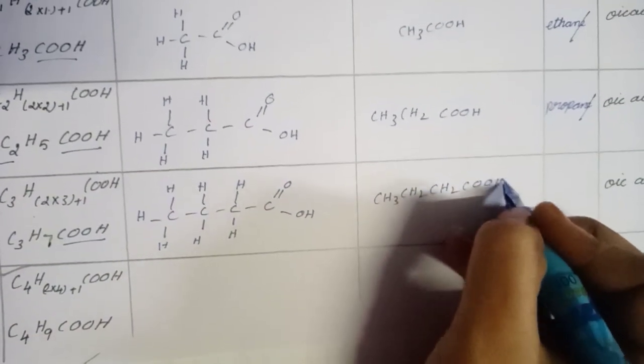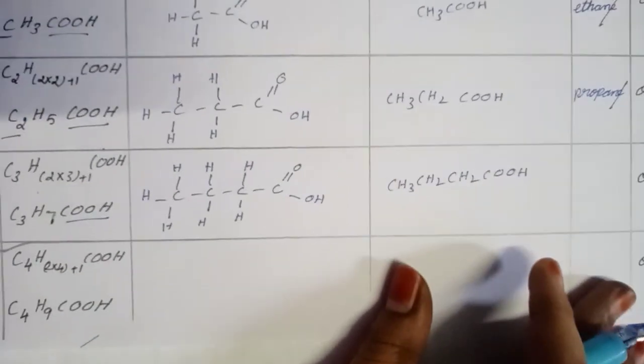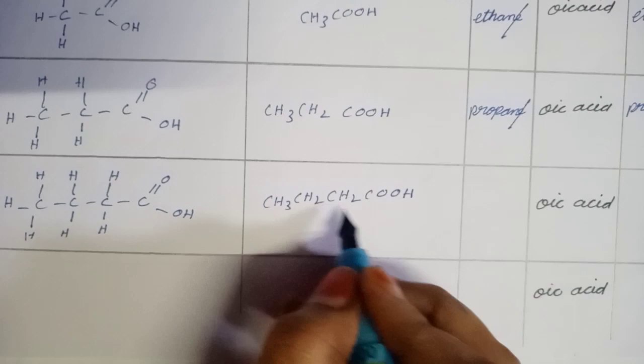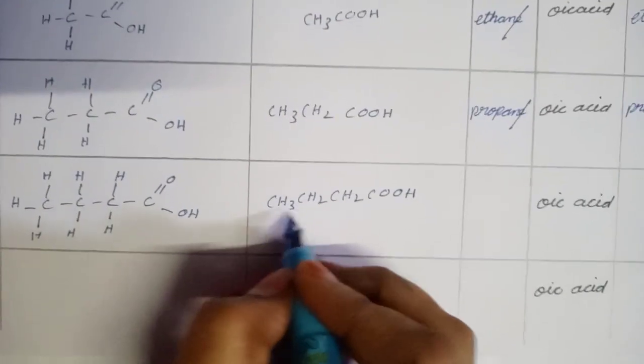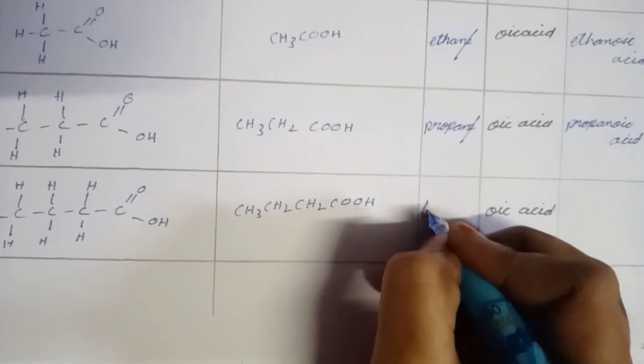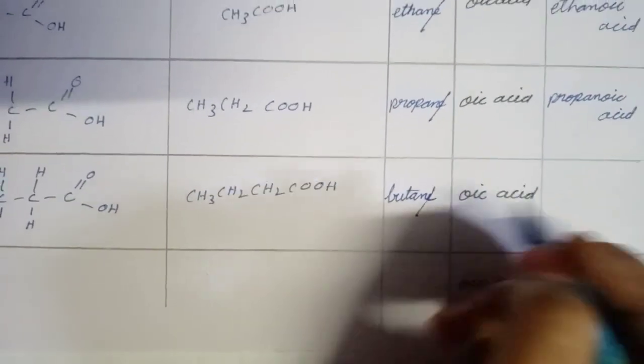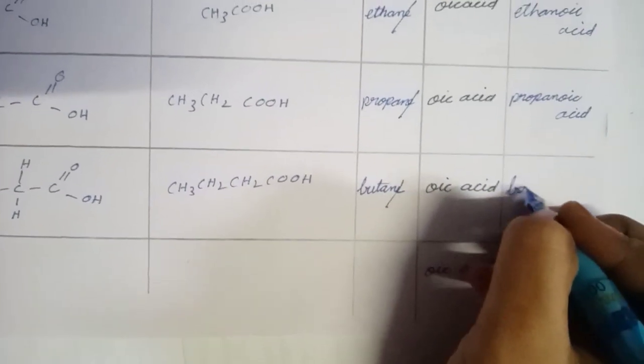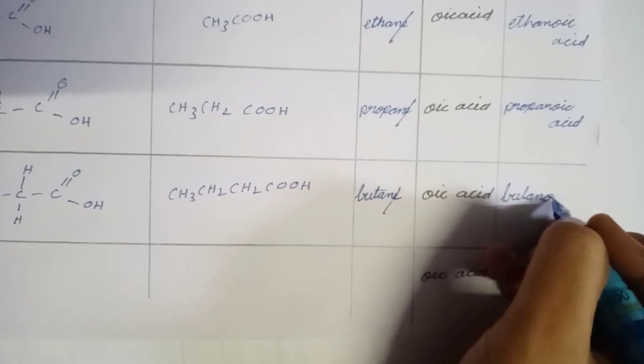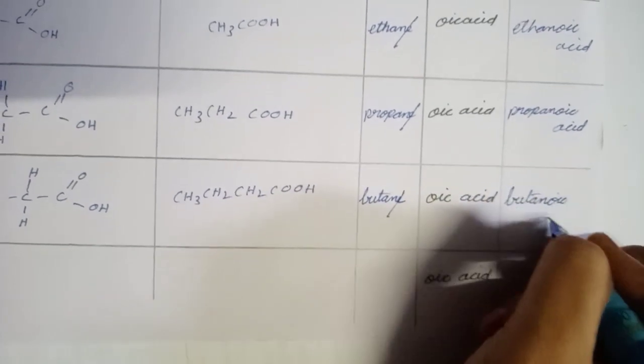This COOH is also present at the end of the chain. Name: 1 2 3 4, 4 carbons, meth, eth, prop, but. So the alkane is butane. After cancelling E, we merge them. What is that? Butanoic acid.